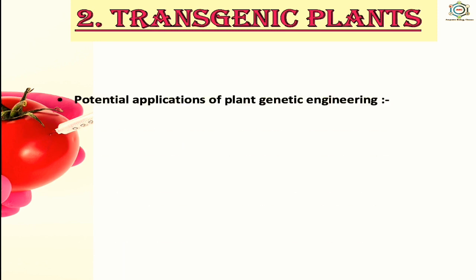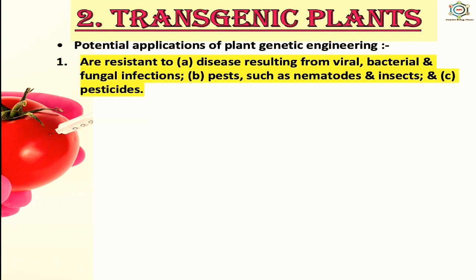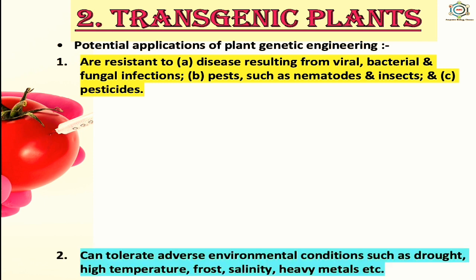There are many applications. Plant genetic engineers may produce transgenic plants that are resistant to diseases resulting from viral, bacterial and fungal infections, pests such as nematodes and insects, and pesticides.